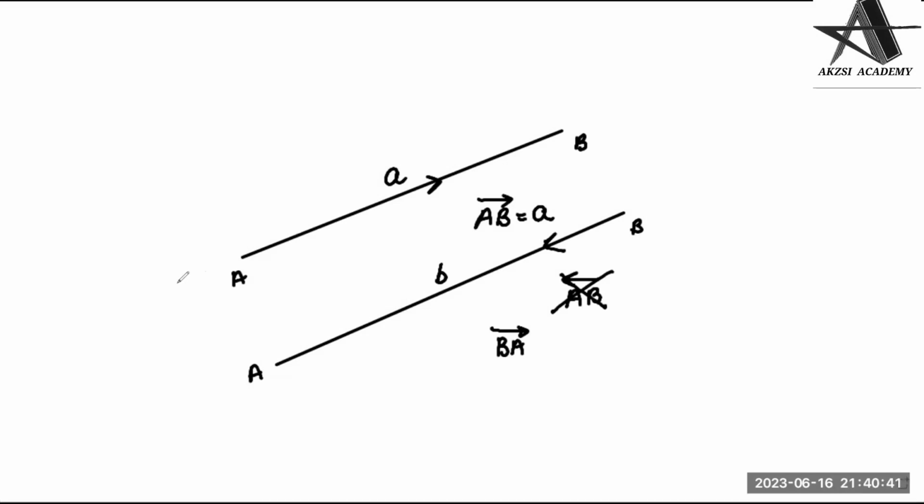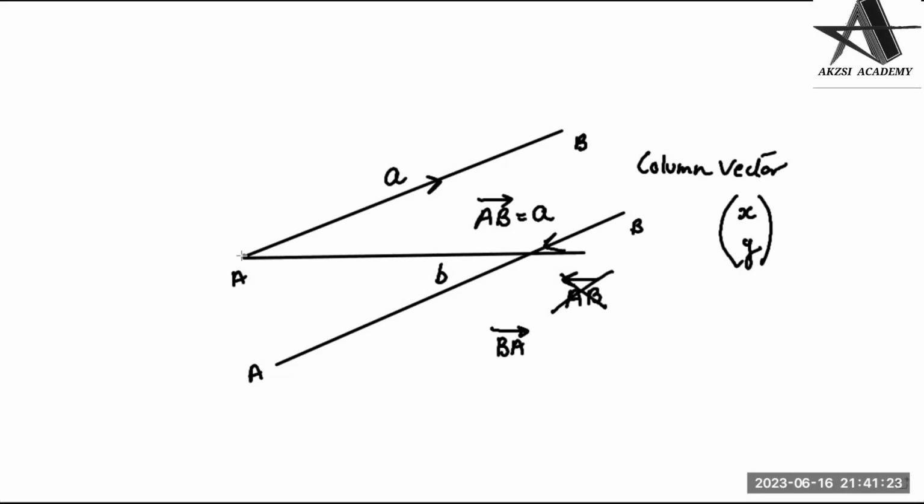Now a vector can also be represented by a column vector. A column vector is this, in matrix form. We write it like this and we write x, y. Actually, a vector is nothing but the coordinates in space. You are specifying how much it is moving. If I'm saying it's moving from A to B, I can say that in order to move from A to B, it has moved, suppose, 5 units in the x direction and 2 units in the y direction.